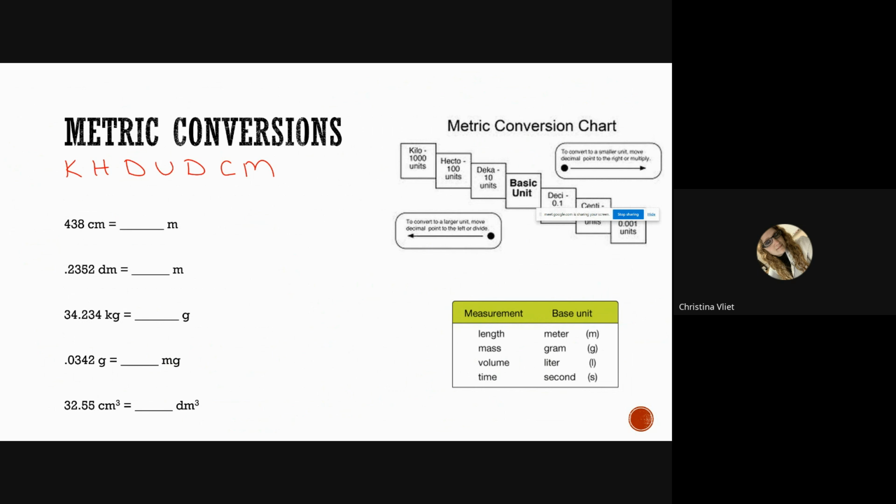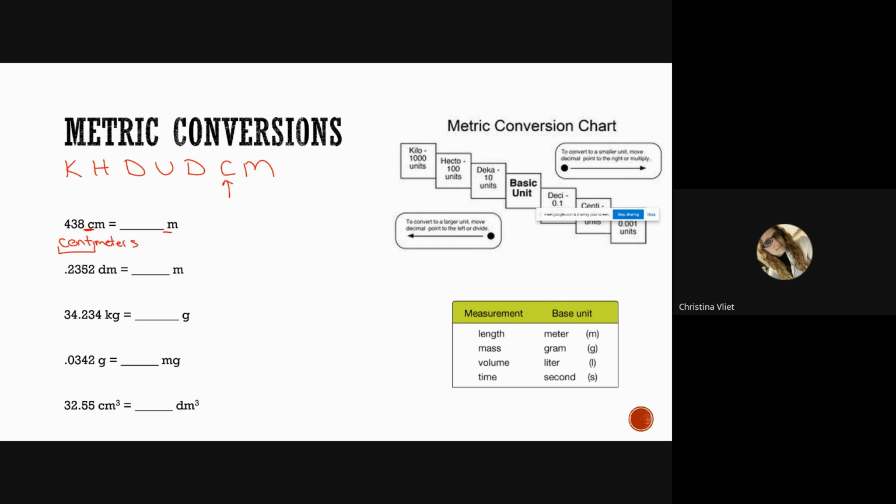And so what you should do is identify where you're at and where you're going, and then use that to tell you where you're moving the decimal. So look at the first example. Where are you at? Where do you go? Where's meter? Is that M or is that U? So this is centimeters.